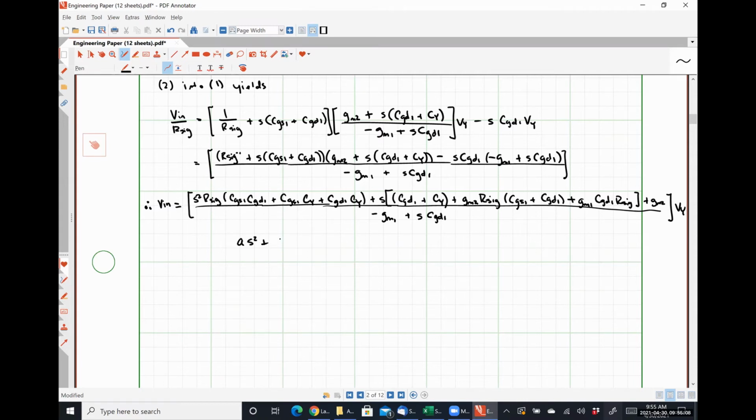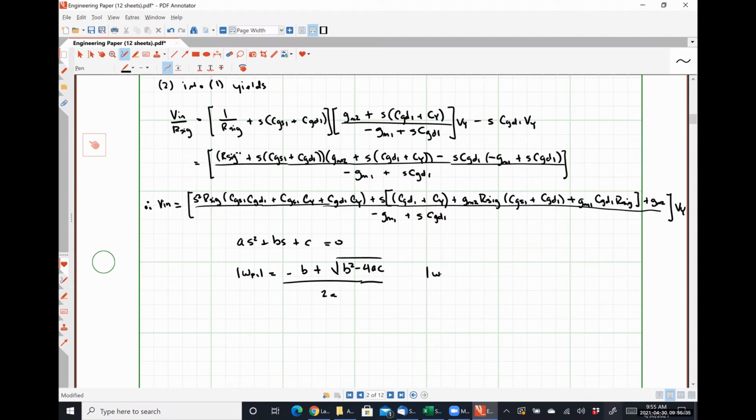As squared plus Bs plus C. If we set this equal to 0, then our pole frequencies, omega P1 is going to be equal to negative B plus the square root of B squared minus 4AC all over 2A.